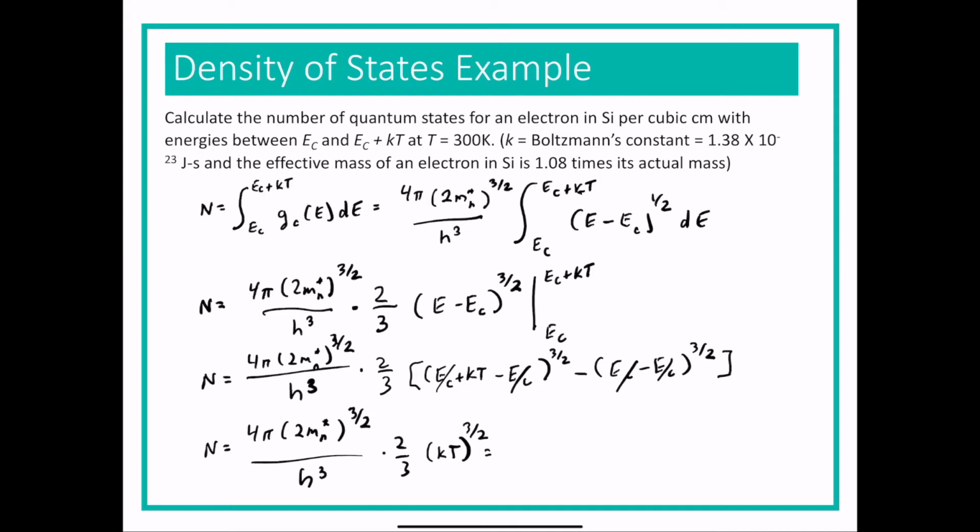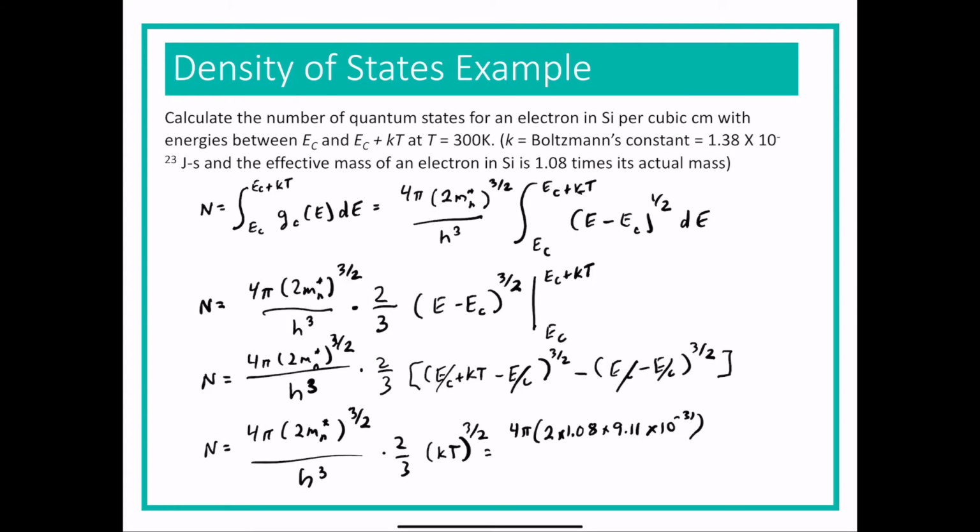Don't try to overwhelm your calculator by putting too much in. So we're going to have 4 pi, and we have 2, and then we have the effective mass, which is 1.08 times the actual mass. So we have to put 9.11 times 10 to the minus 31 kilograms, which is how much an electron weighs.